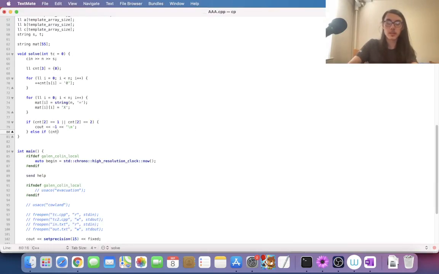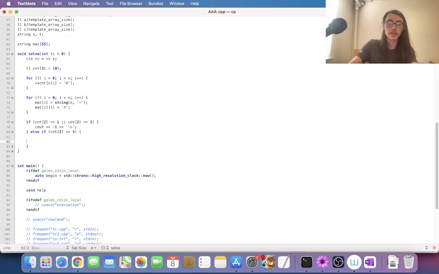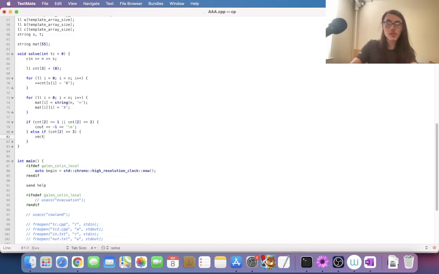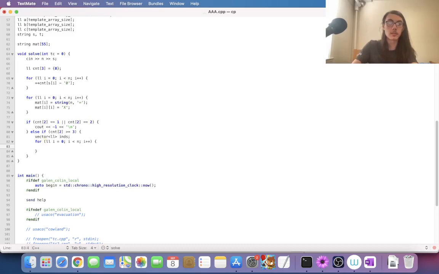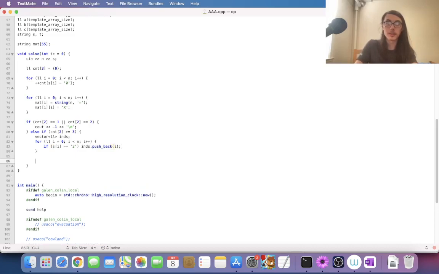Otherwise, count 2 is greater than or equal to 3. Then we make a cycle. So what I'm going to do is put all the indices where s[i] is equal to 2 into a list, ins.push_back(i). And now we can arrange a cycle between these.